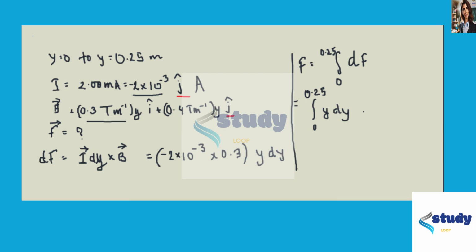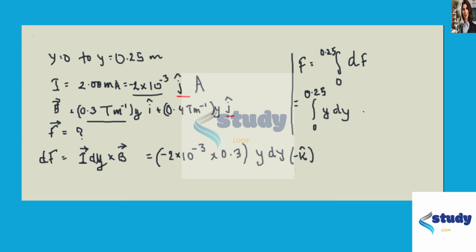Well, I think the minus goes off here. You know why? Because j cross i is minus k, so I will have to add here the term of direction, that is minus k hat. So the minus goes off here, and only k hat will be left.